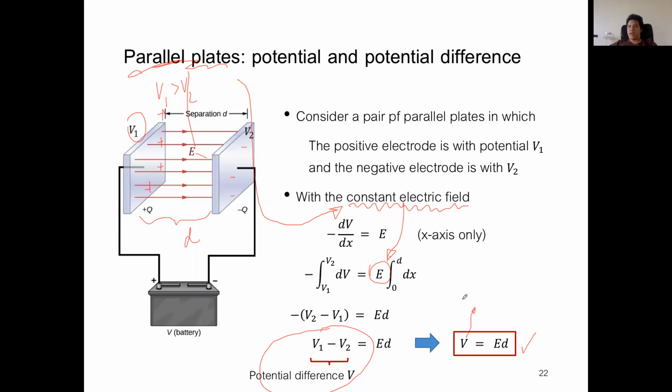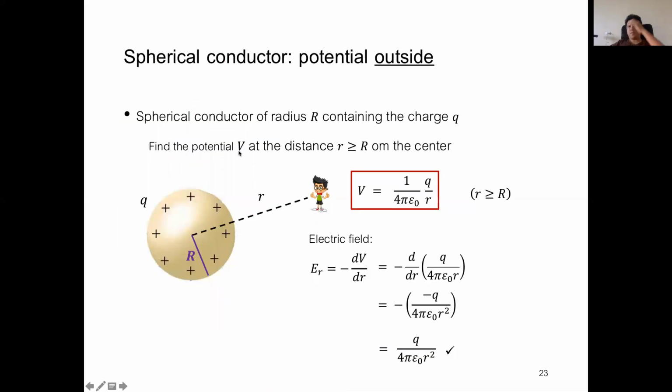And V now is the potential difference. In this case, it is the potential difference between the two plates. If one is 20, one is 15, the potential difference is 5. Something that's very straightforward.